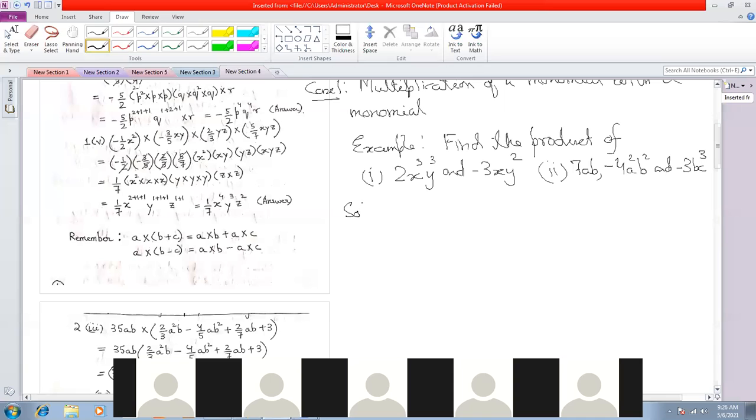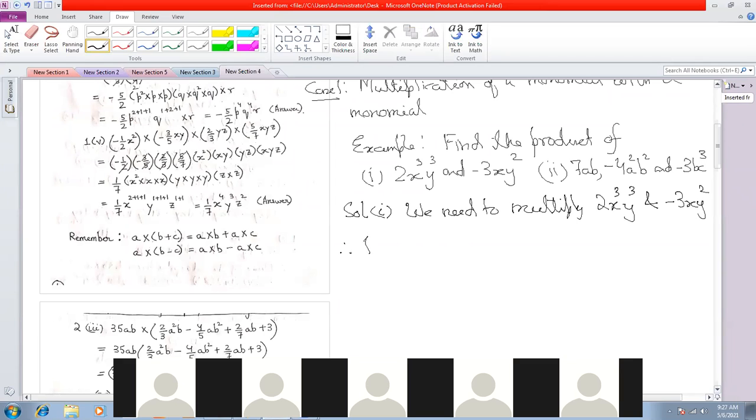So how do you do these two? So question is, we need to multiply 2x cube y cube and minus 3xy square.